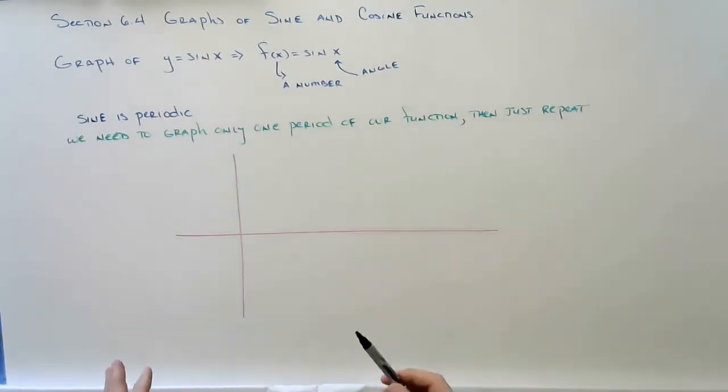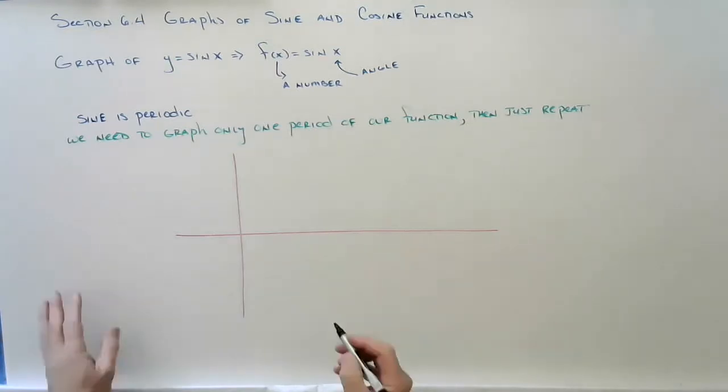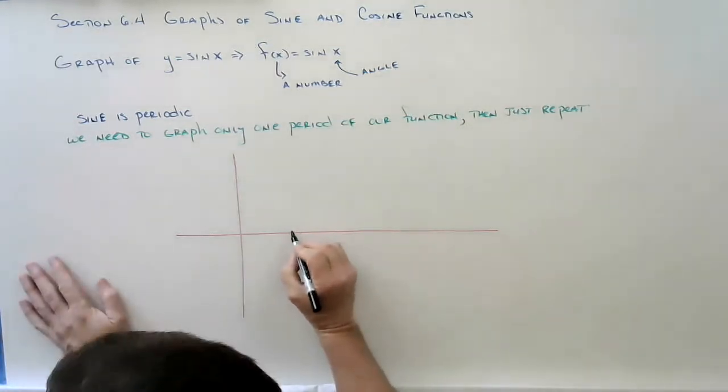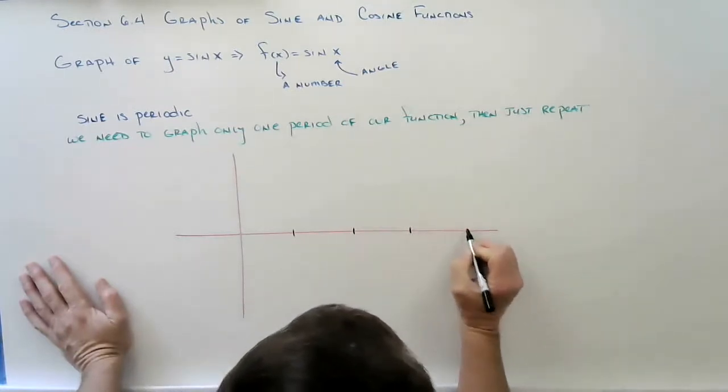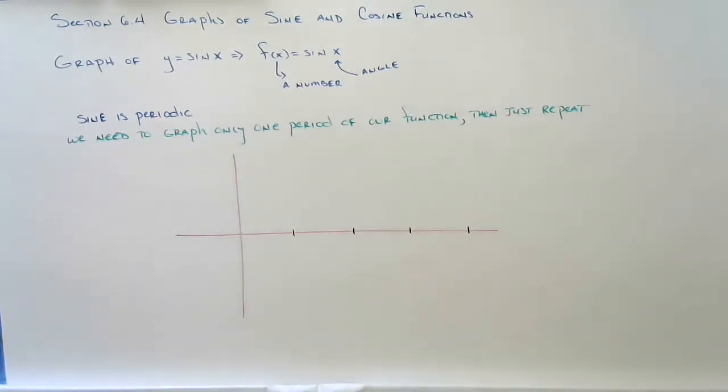So there are going to be 4 parts to the sine curve. So the first thing we do when we draw the graph of sine is we make 4 equal segments on the x-axis. Okay, those represent the 4 quadrants as we pass around the unit circle.